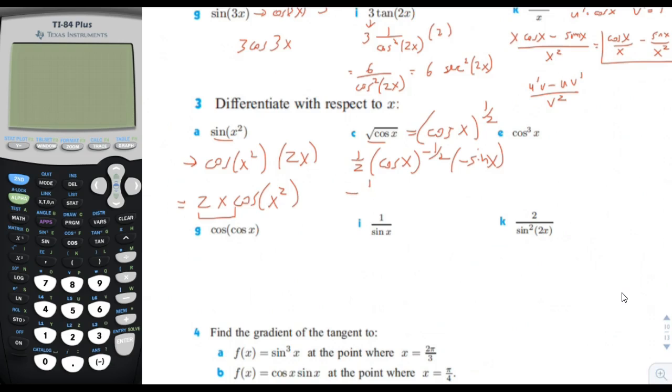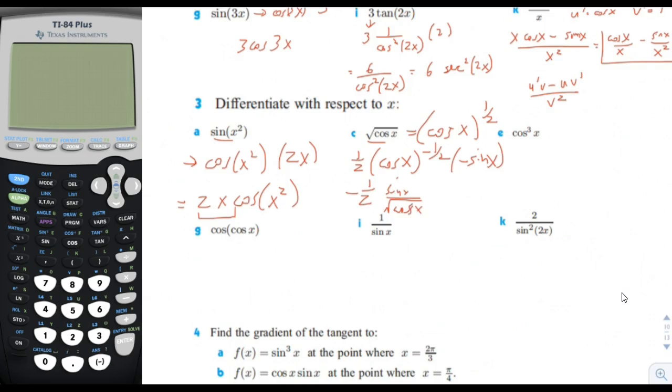So let's rewrite this more nicely. So we'll have negative 1/2 times sine of x, and then in the denominator, we'll have square root of cosine x.